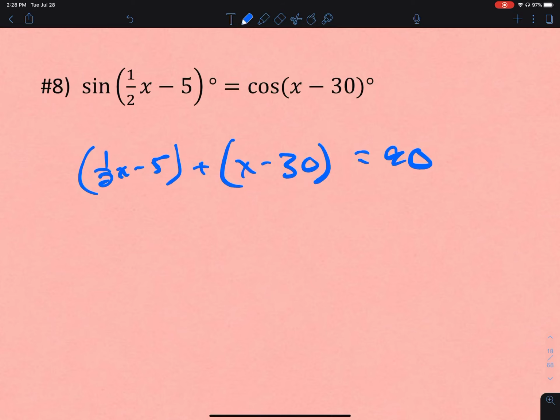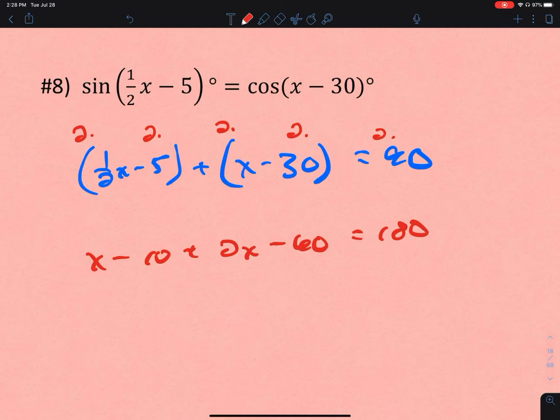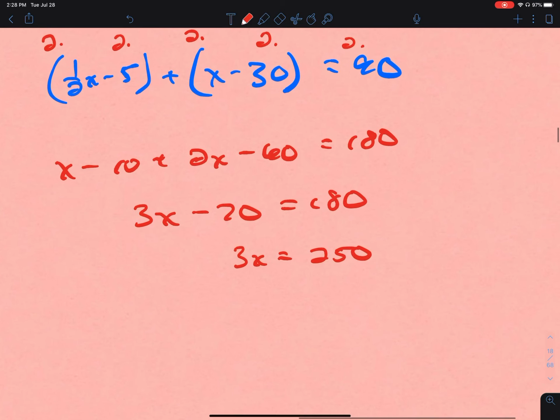So I'm going to choose to multiply every term by 2 in this equation so I don't have fractions. You do not have to do that. It's something that I choose to do. x and 2x is 3x, a minus 10 and a minus 60 is a minus 70. If I add 70 to both sides, I get 3x is 250. Divide both sides by 3, and I get x is 250 divided by 3.